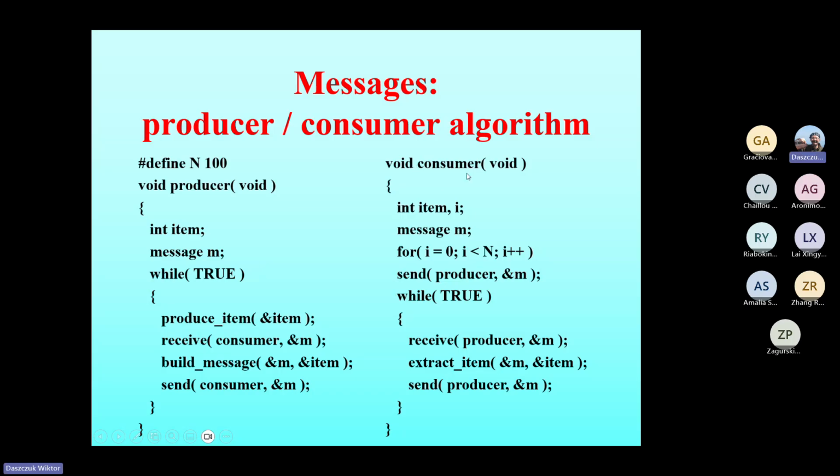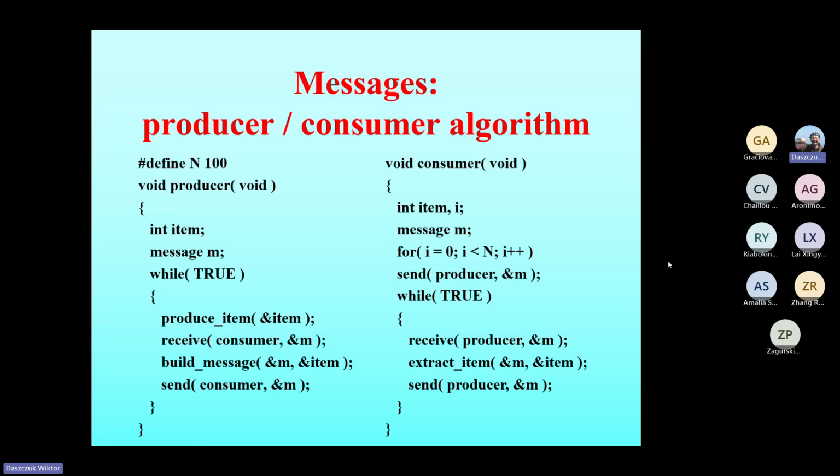On the consumer side, we have similar item and message and a loop iterator I. And for n times, the consumer creates empty messages. They will serve as a means for creating a buffer.